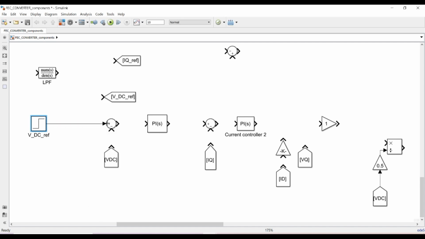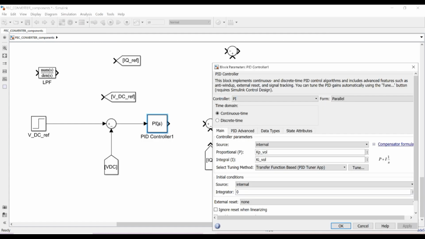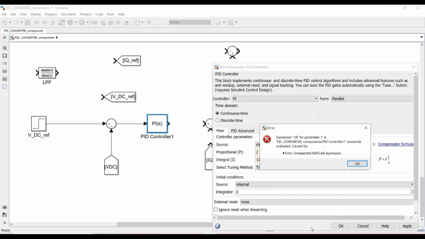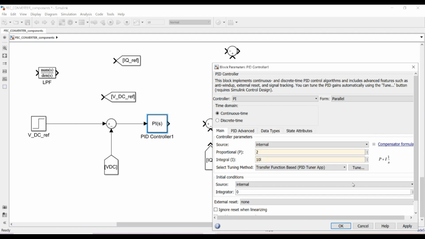And from here the actual VDC will be subtracted, then it will be going to a PI block. So I will put an arbitrary value over here. Let us put 2 and 10. So these values are arbitrary. We will change it later as per our calculation.